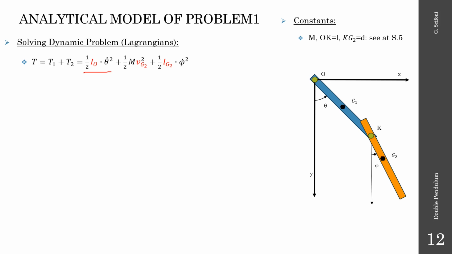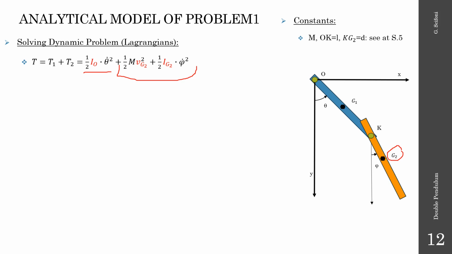The kinetic energy of the second body has two contributions instead, the translational and the rotational one. The translational has the expression 1/2 of m into Vg2 square, where Vg is the speed of the center of mass, capital G2, of the second bar.